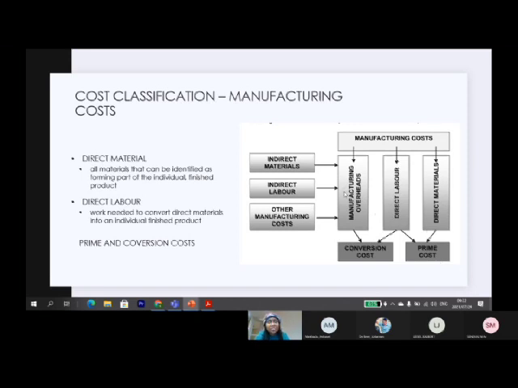However, there are manufacturing overheads that go with this, and manufacturing overheads are indirect material. We spoke about the nail, hard to identify, but it's there and it's very important, it costs you. And then there's indirect labor. Indirect labor, I would say that having an accountant in your company would fall under this, because the desk at the end of the day has a factory or a company that manufactures it.